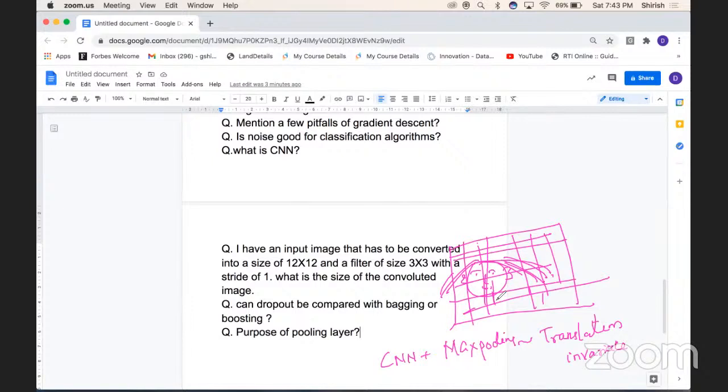Right? So whenever you want to classify an image, which activation function cannot be used here? Which one would not help us?